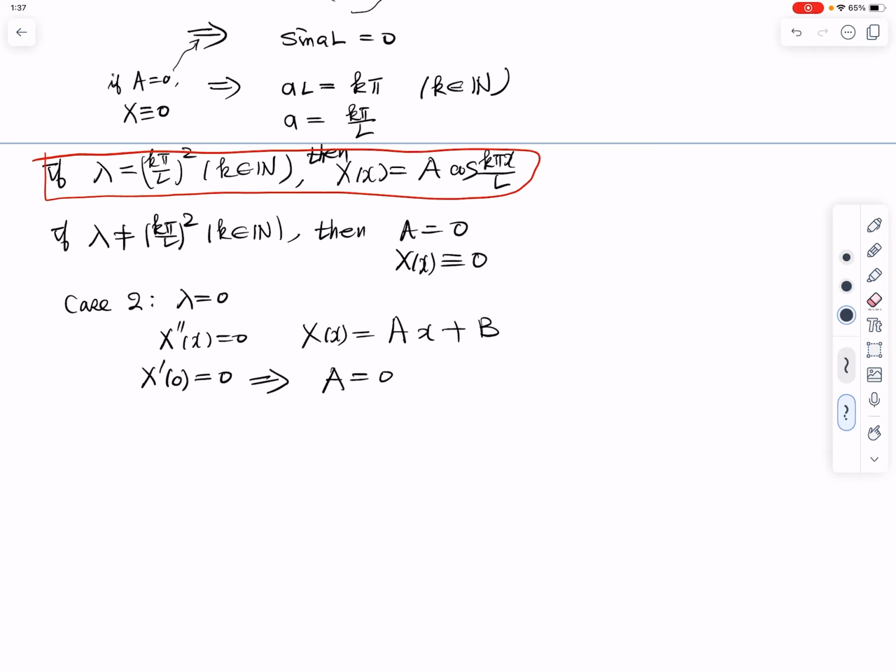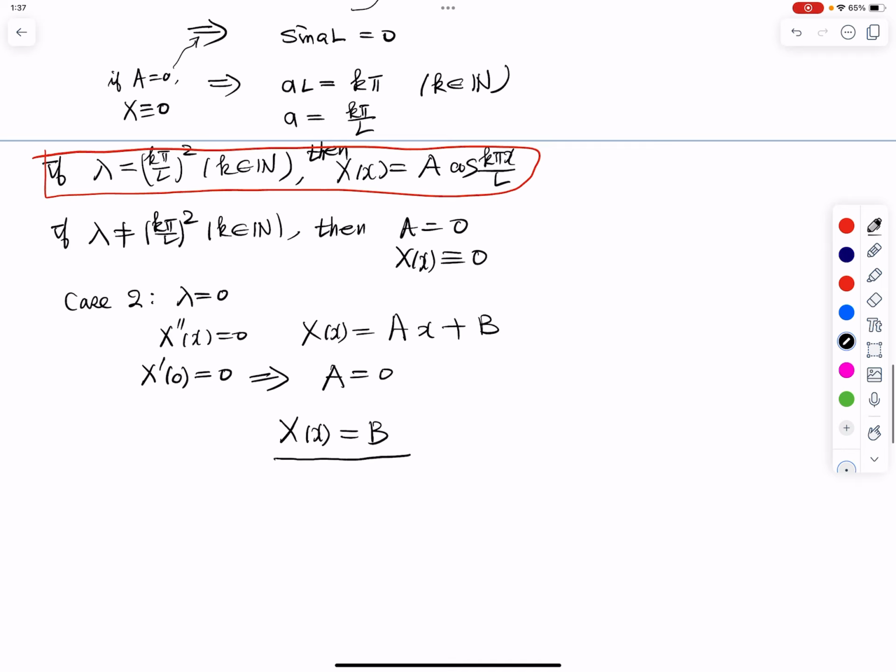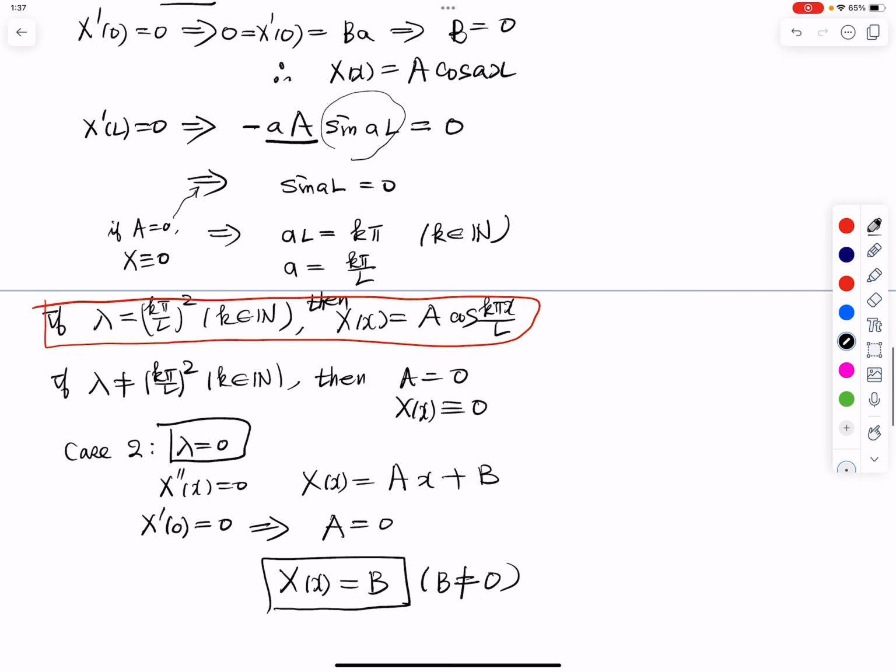So we have x(x) equals b, a constant, which satisfies x prime L equals 0. So for lambda equals 0, we have this solution, where we want b non-zero.